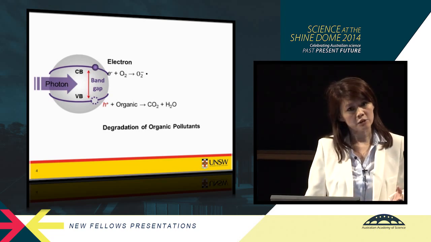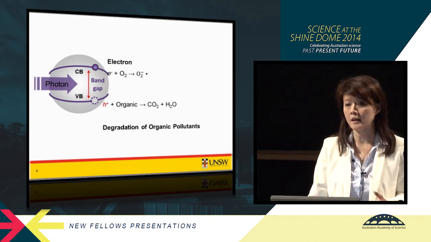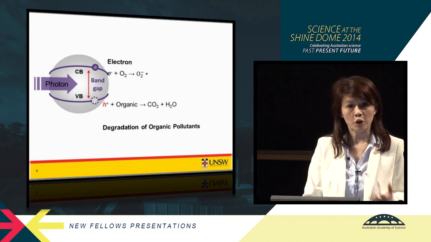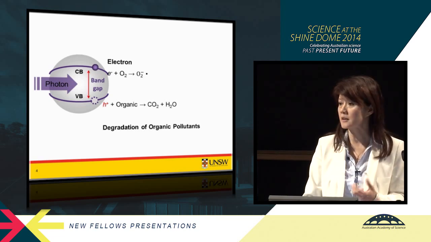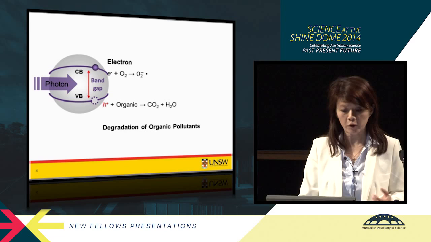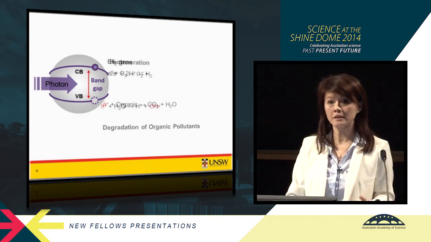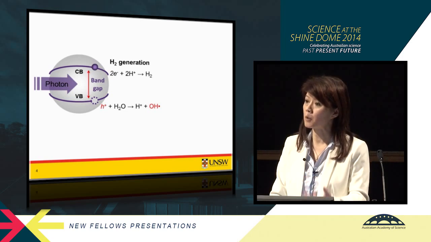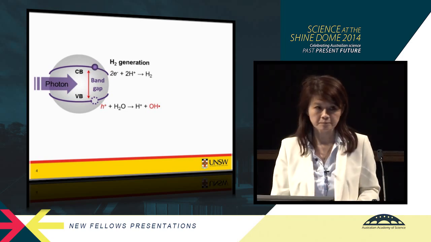The excited electrons will be scavenged if you have oxygen in the environment. But if you don't, and you want to use the electrons for other reactions, for example hydrogen generation, the electrons will react with protons to produce hydrogen.